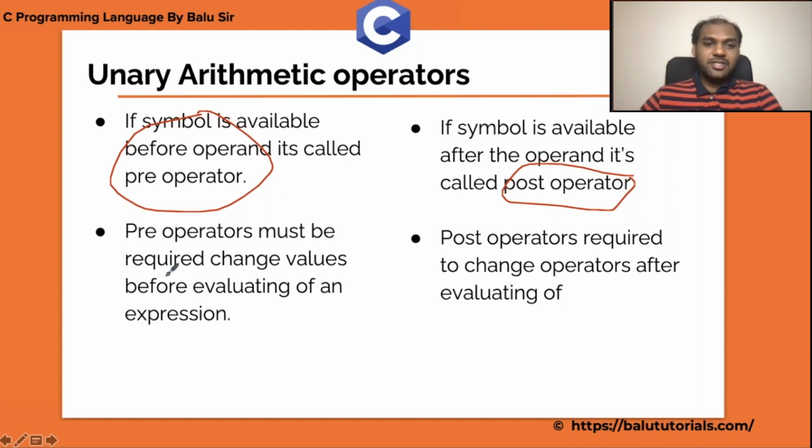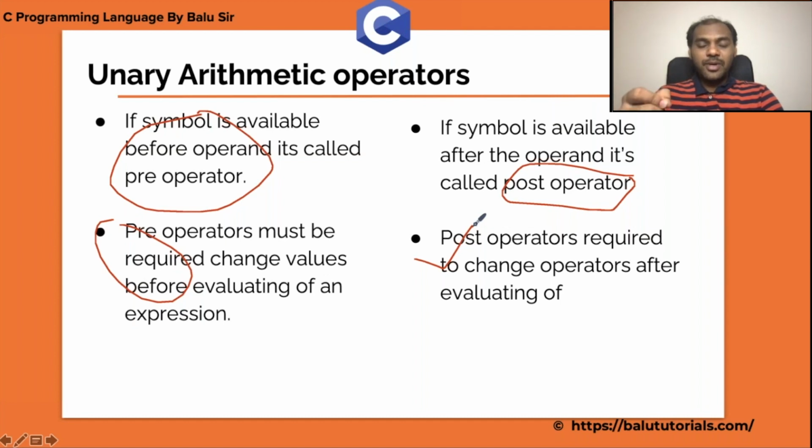Then what is the next difference? A pre-operator must change the value before evaluating the expression. But when you are working with a post-operator, the value changes after evaluating the expression. So whenever there is an expression with a combination of increment and decrement, that expression is evaluated according to the operator precedence.